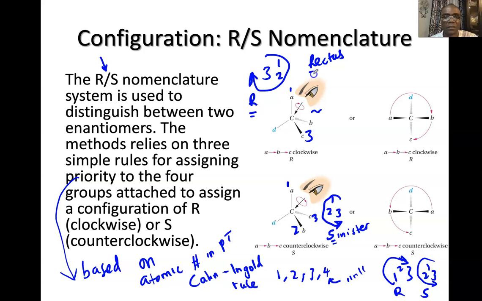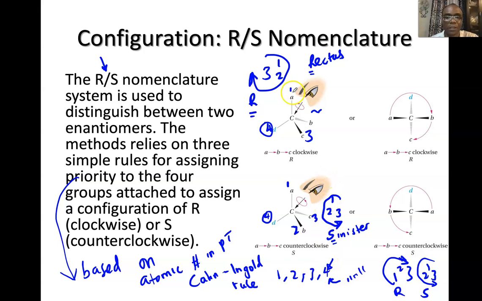Counterclockwise, clockwise. The fourth group must be away from where you are looking. You see how it's away from the eye. So before you assign R or S, always make sure that your smallest group, group number 4, is away from you.